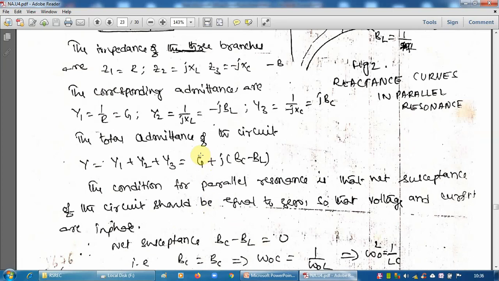So you see here, the real term is G, called conductance, and the imaginary term is the net susceptance, BC minus BL. In the series circuit, we get XL minus XC. For the same thing in the parallel circuit, reciprocal, we are getting BC minus BL, that is, capacitive susceptance minus inductive susceptance. Everything is reciprocal.